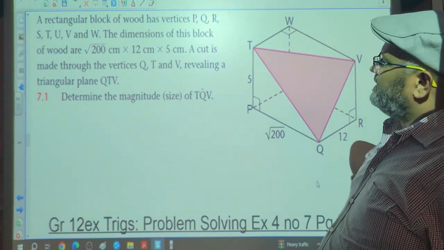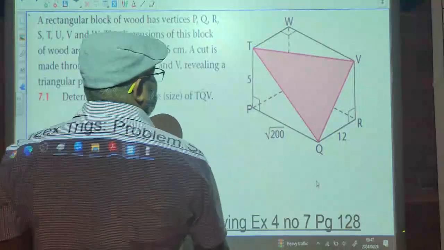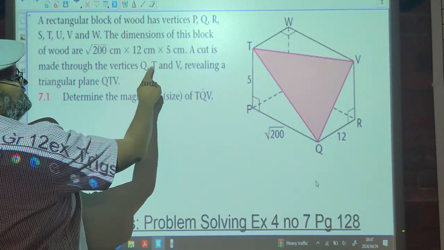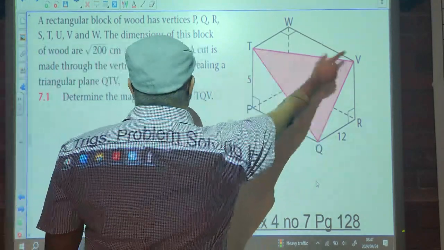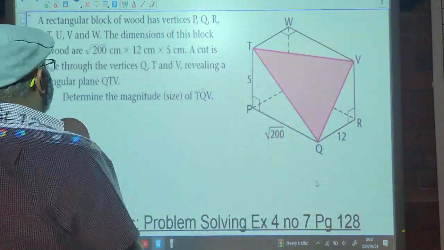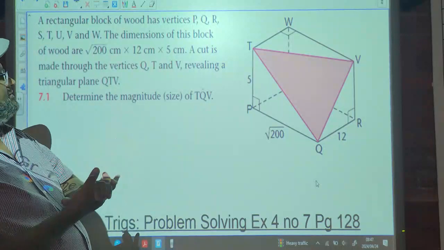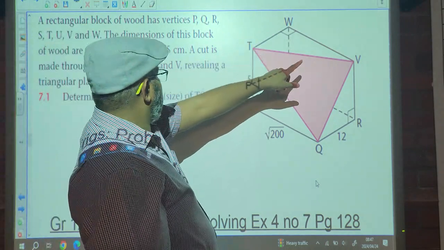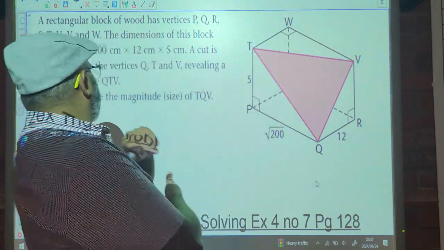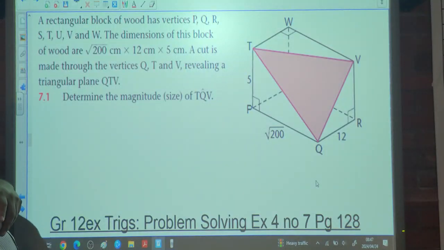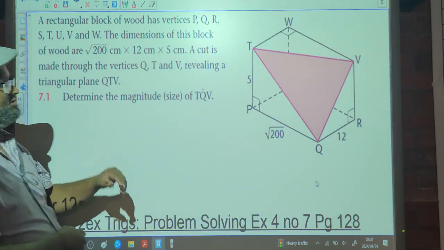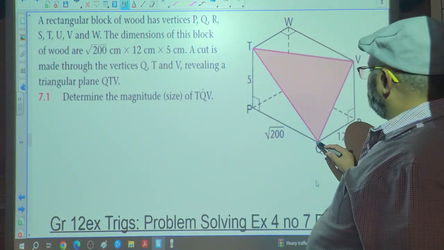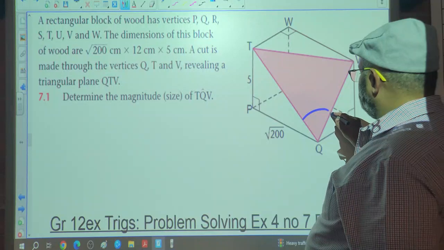A cut is made through the vertices QTV, revealing a triangular plane. So it's a flat surface there, which is TQV. Determine the magnitude. The magnitude is the size of angle TQV. This angle.